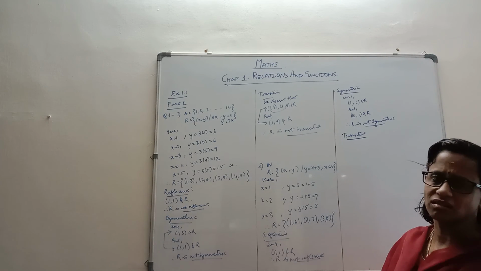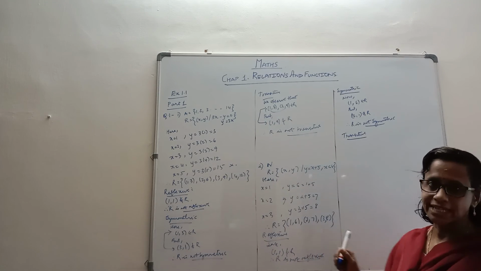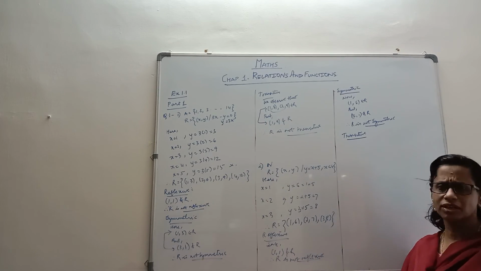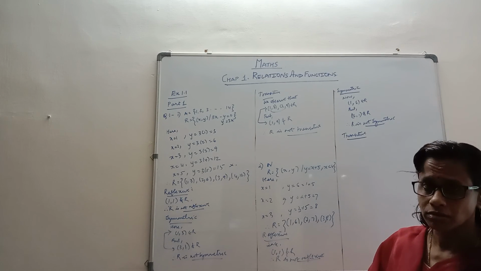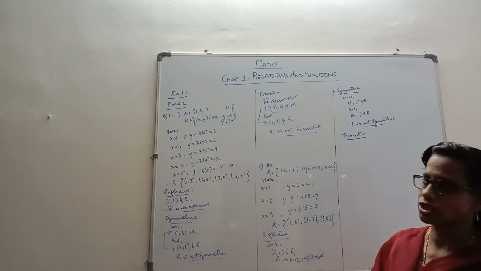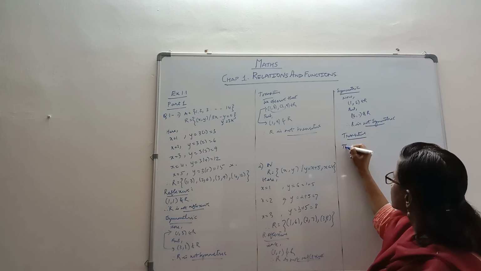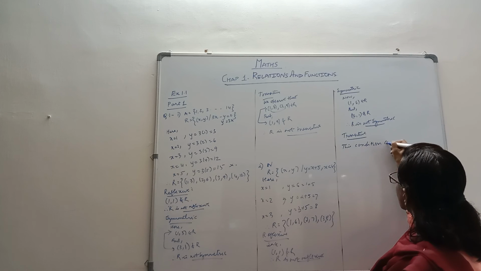Transitive we cannot check here because there we had a coinciding element, but here there is no coinciding element. So it's better we say that we are not able to check it, because unless there is a coinciding element, how do we say it? Of course it's not, but how do we say it? Because we're not able to check it, we don't have the raw materials for it, so we'll say this condition cannot be checked.